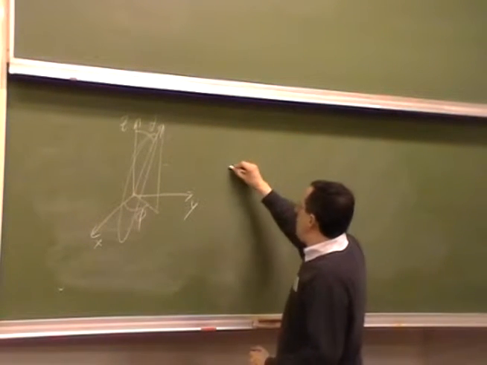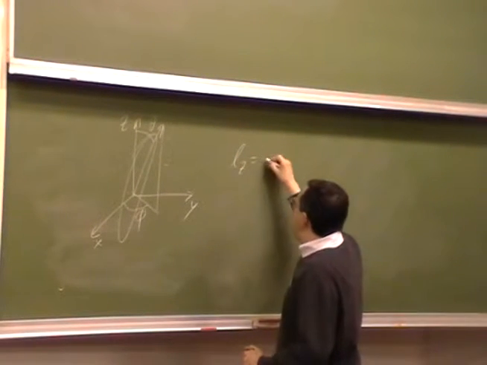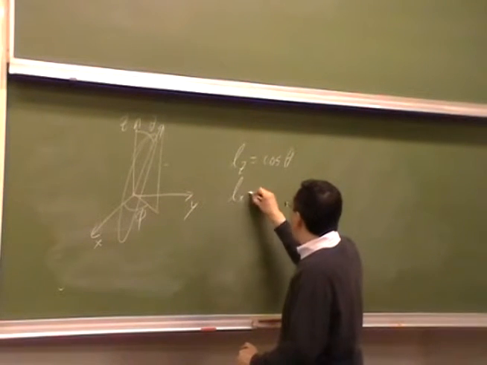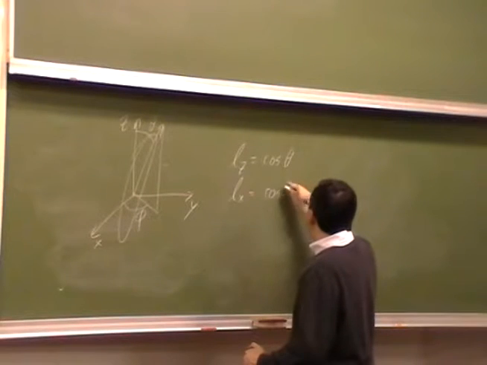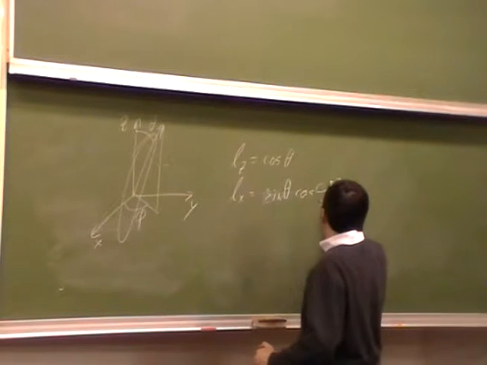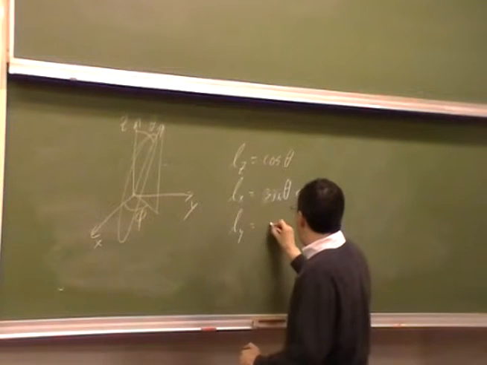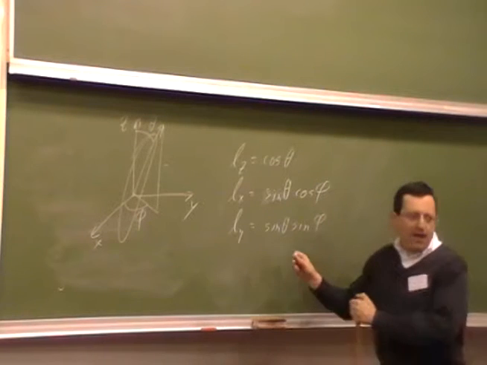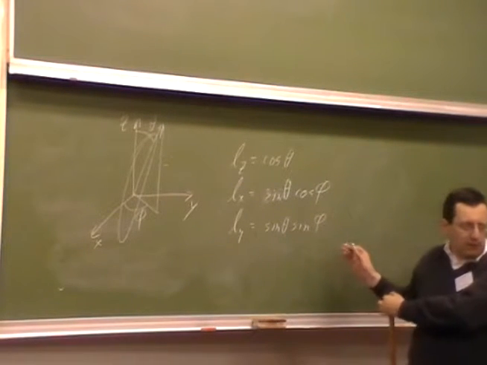Then LZ is cos theta, LX is sine theta cos phi, LY is sine theta sine phi, okay?